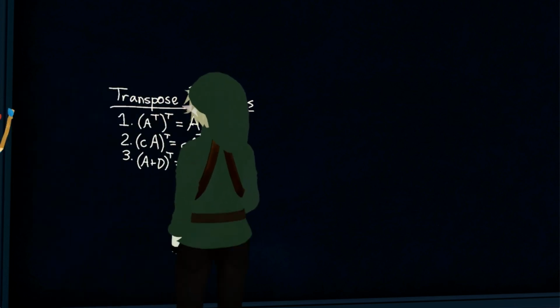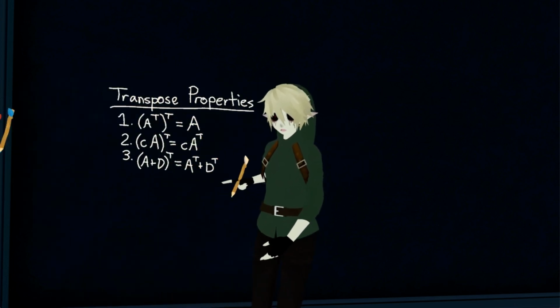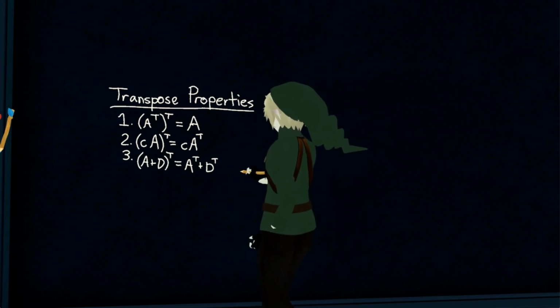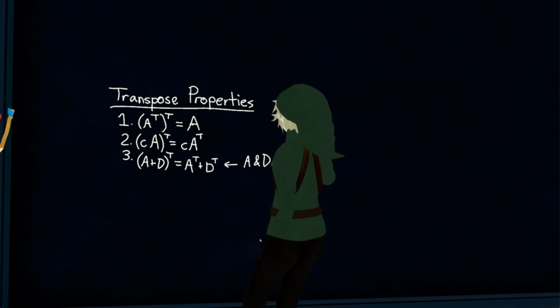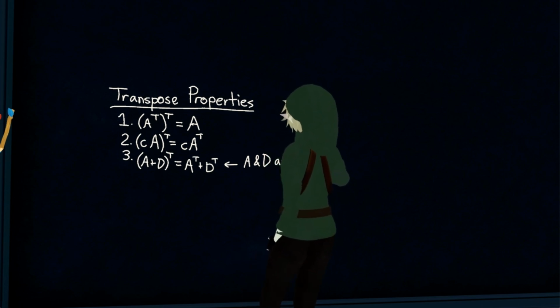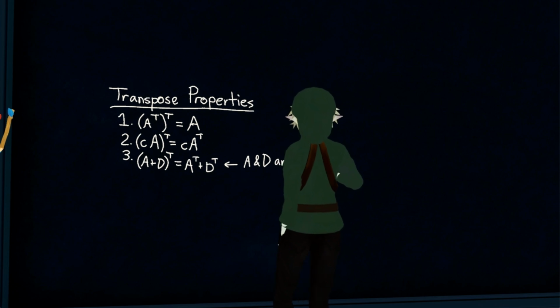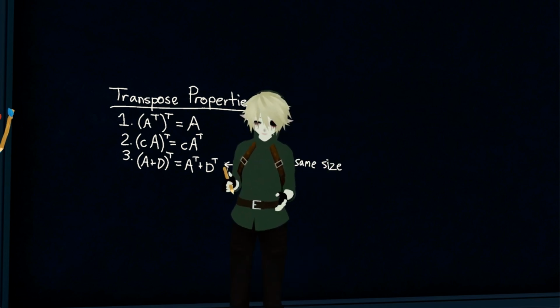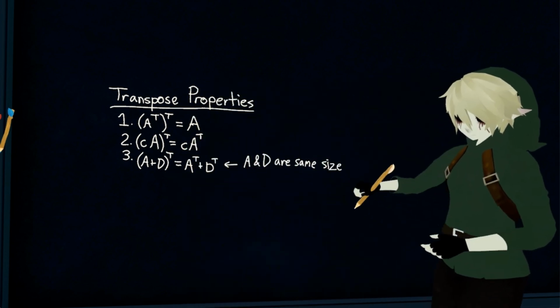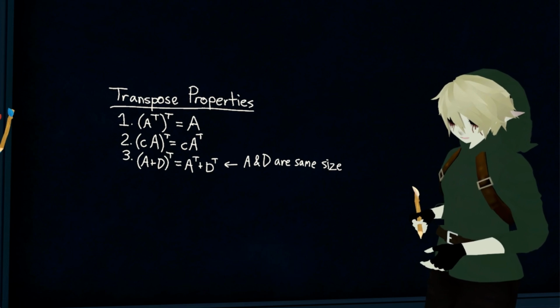I'm gonna rephrase this because we are working with matrix addition. A and D are the same size. Okay, I almost lagged. But yeah, A and D must be the same size.